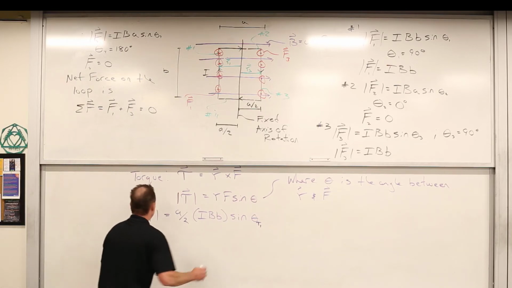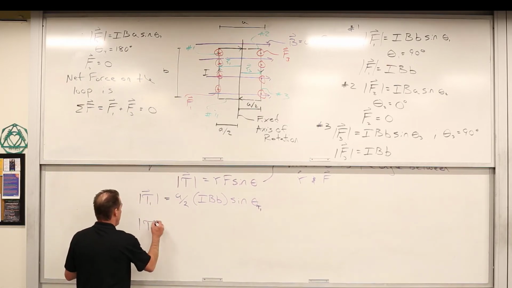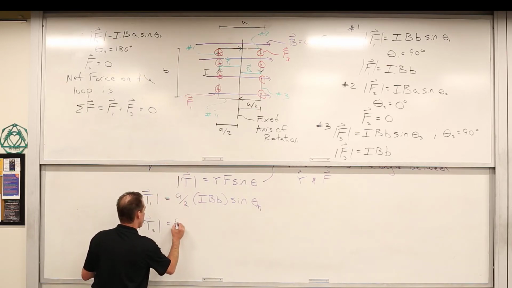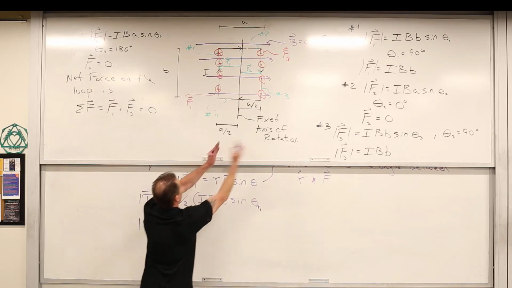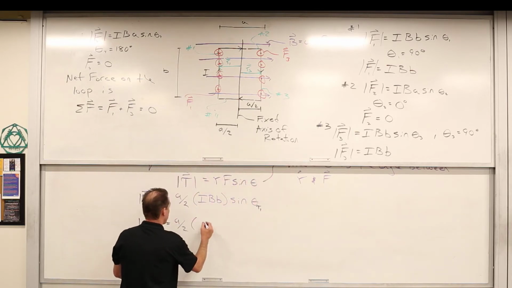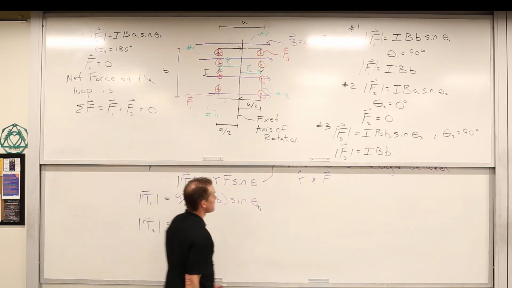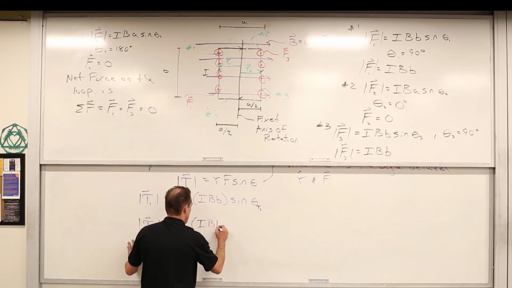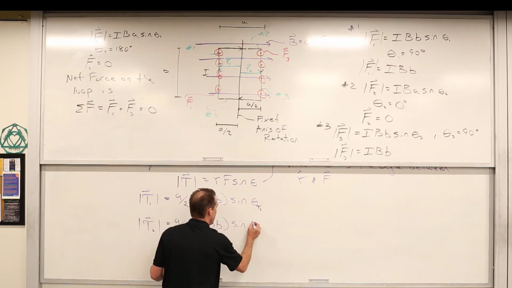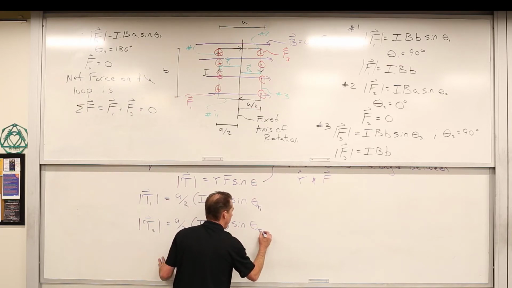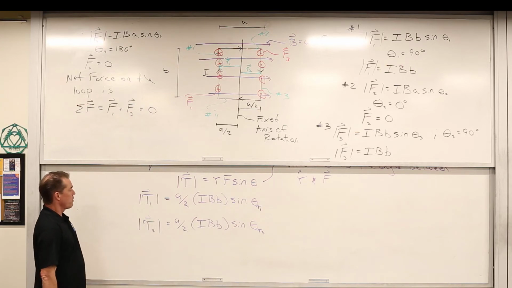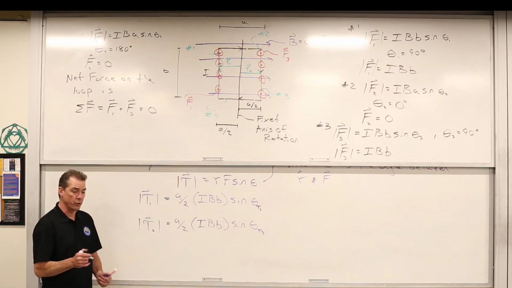So there we go. The magnitude of the torque on the right side is going to be A over 2, the radial distance away from the axis of rotation, at which the force, I times b times B, here's F3 right there, times the sine of theta tau 3. So there are the torques in terms of their magnitudes.